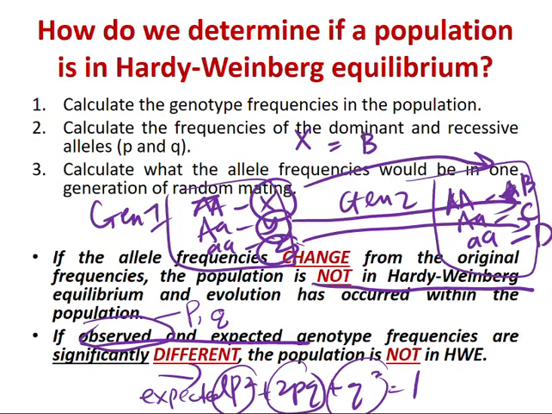So this brings you back to this slide. This is the second part. Observed and expected are significantly different. The difference is too large, so the population is not in equilibrium. The first one is where allele frequencies change.